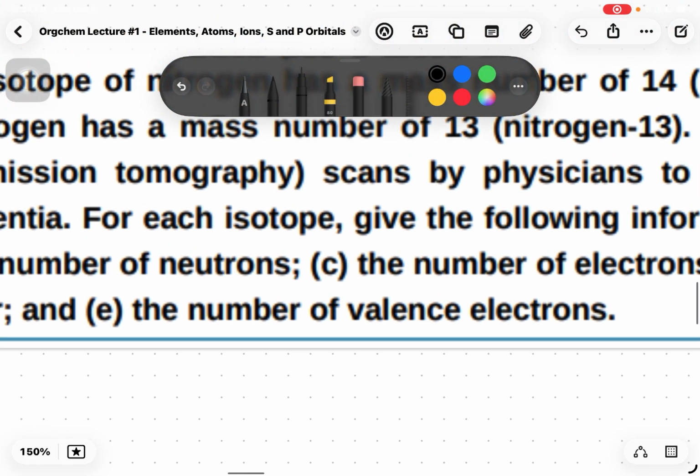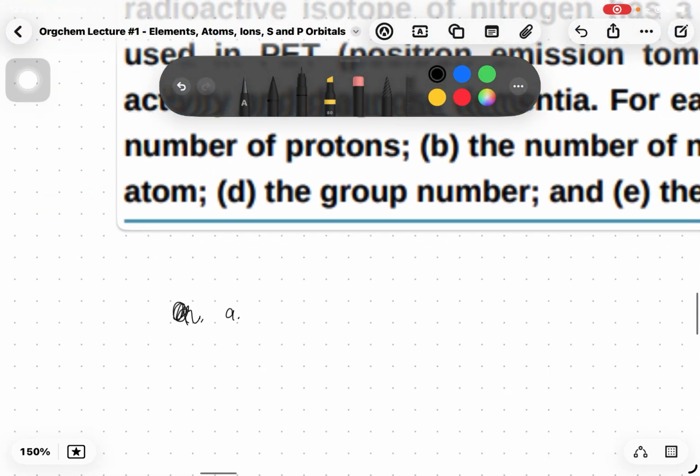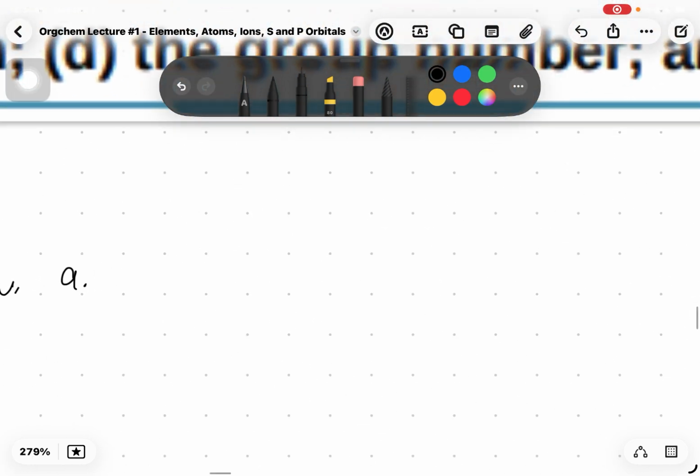Our first question is the number of protons. So we have nitrogen 14 and N13. What these numbers mean is the mass number that the element has.